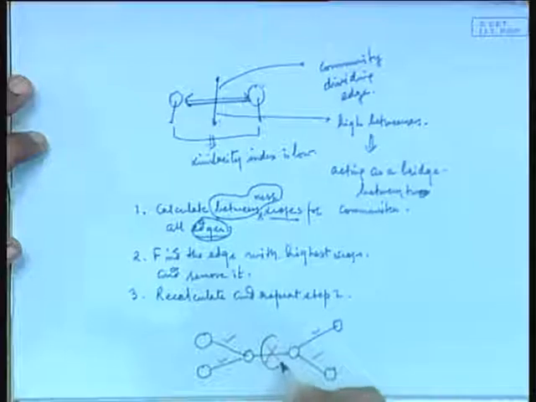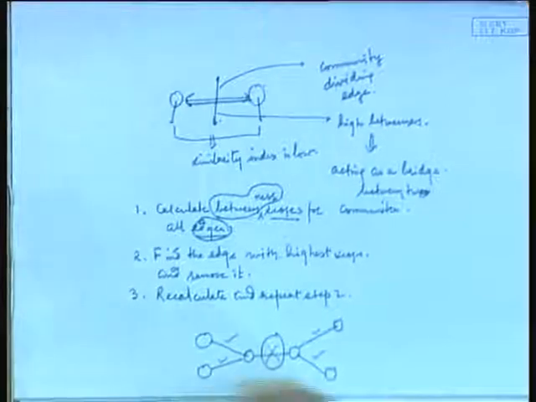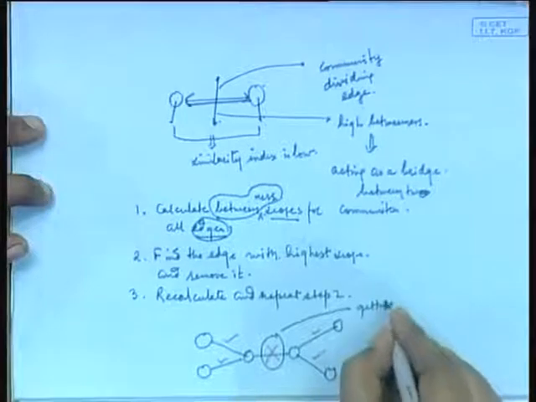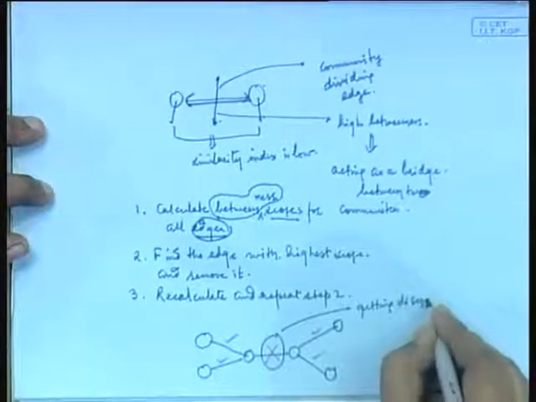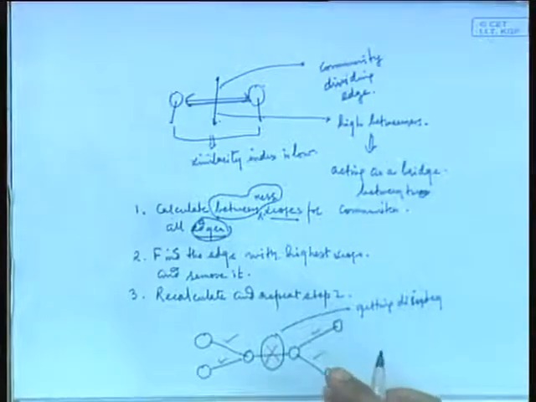If I remove one edge, what are the possibilities? One possibility is that the network gets disintegrated. The other possibility is that shortest paths increase. Some edges were on the shortest path in the previous case, now they are not, because you have to take an alternative route.